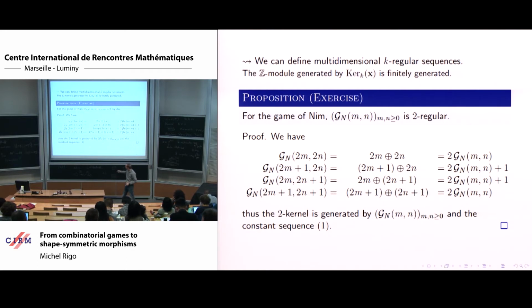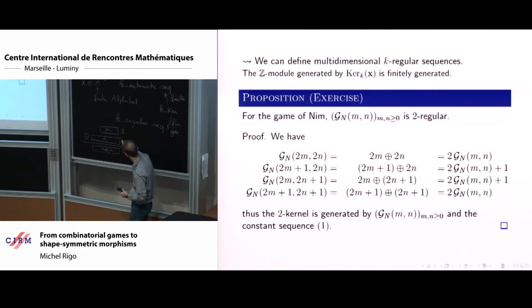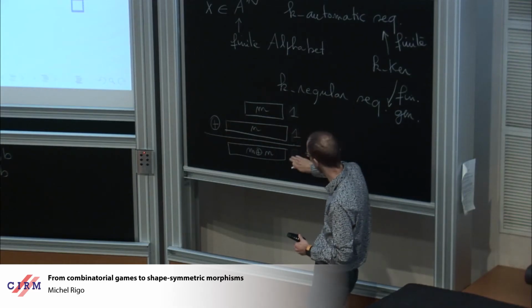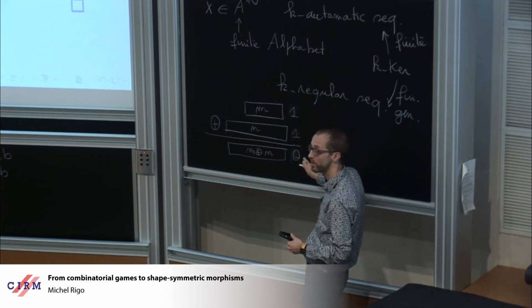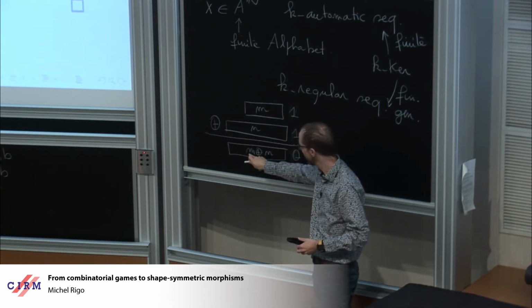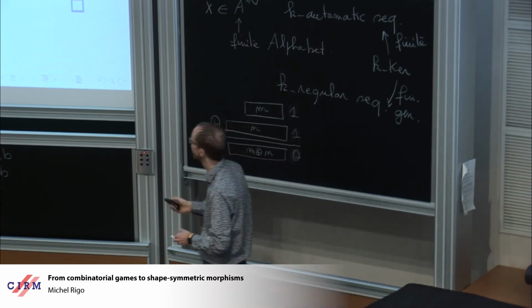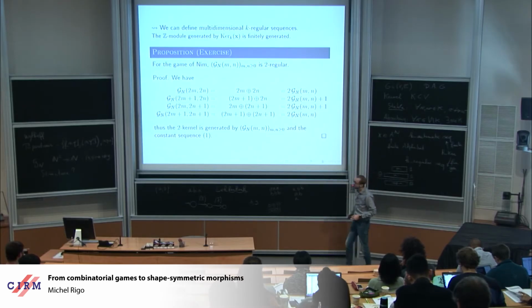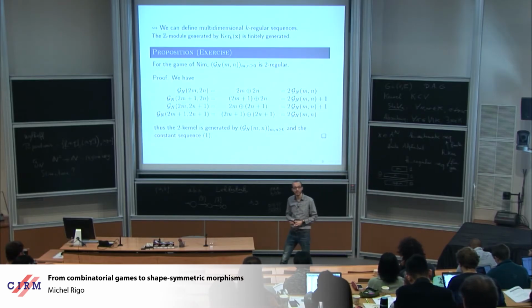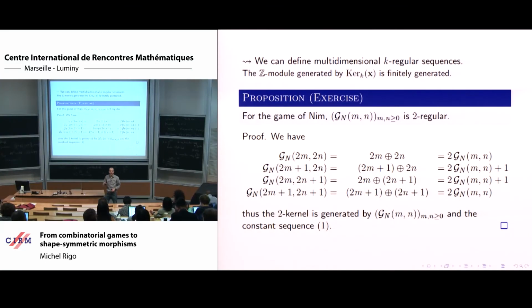And for the last case, if I have 2m plus 1 and 2n plus 1, then I add a 1 for both of them. But if you do that, remember that for the Nim-sum, 1 plus 1 is 0. So what you get is twice the Nim-sum of m and n. So this is exactly what you have here. And now I have to convince you that these four relations are enough to prove what I want.